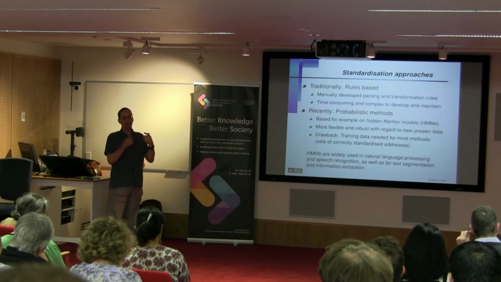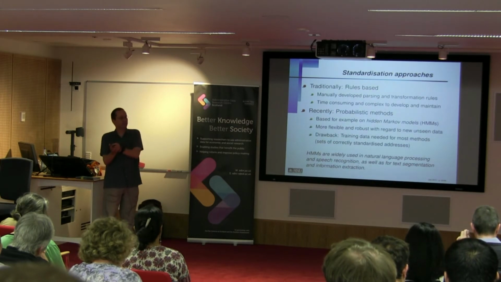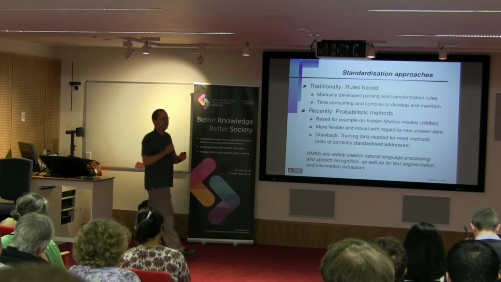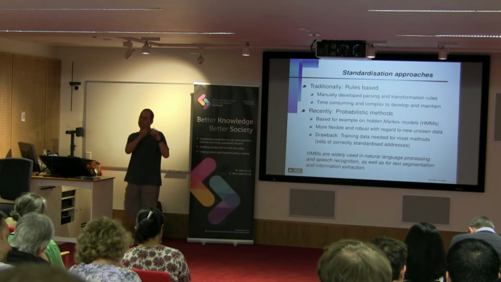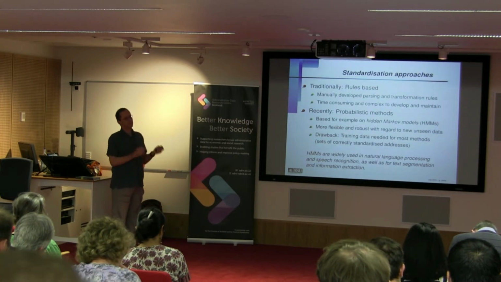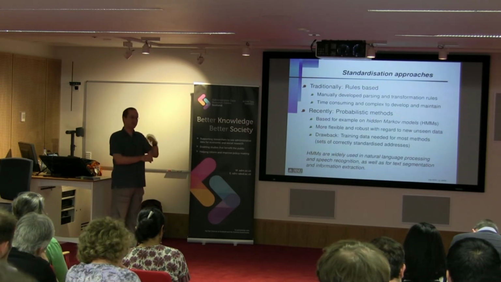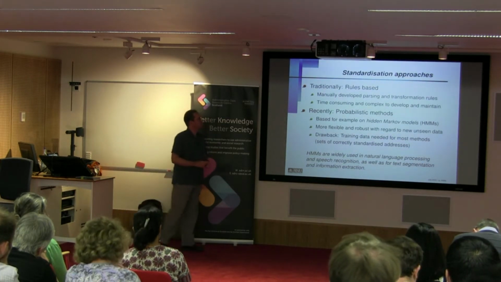And people basically manually developed this rule system over years. And each time new addresses came in which weren't covered by these rules, they had to refine the rule system. So this is a very time-consuming, complex process. You need to know exactly how these rule things work, what the language is to develop rules, etc.